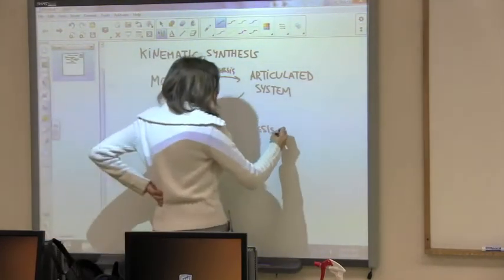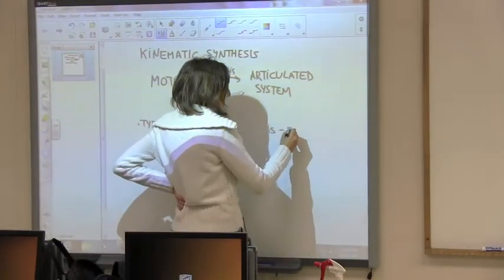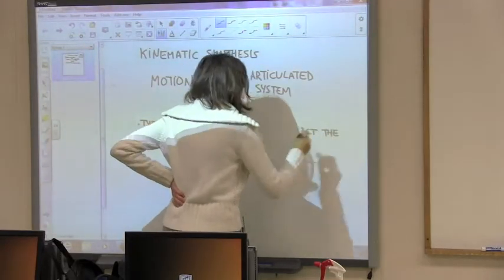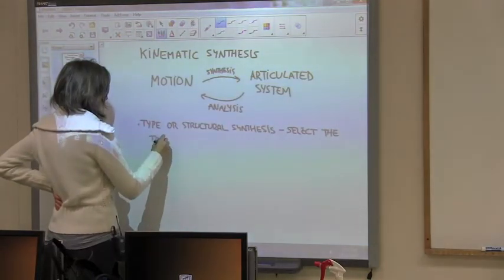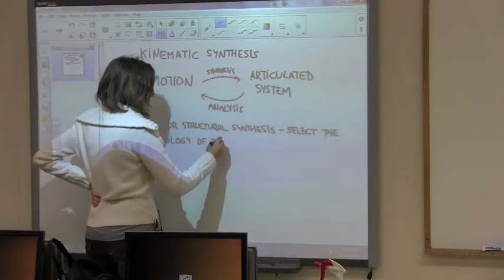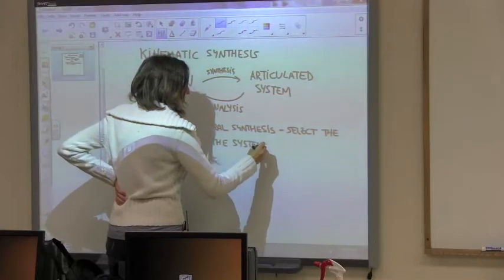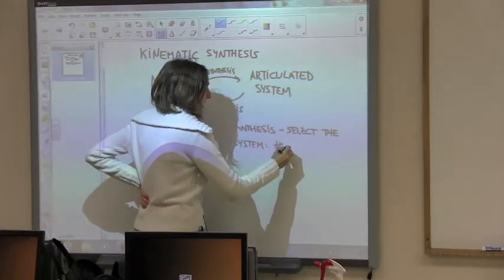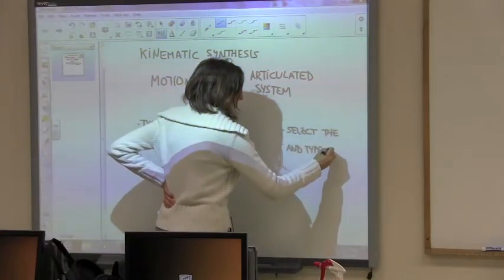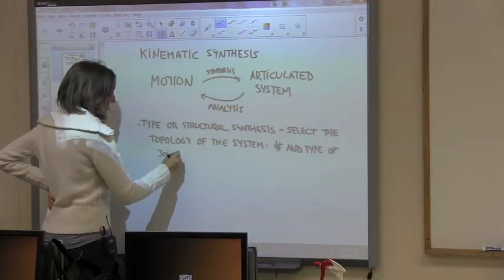What we call, I'm not sure if it's very precisely, the topology. So select the topology of the system. And I think we can summarize all that in the number and type of joints, and if you know the joints, the links will come because they will join the joints, right?